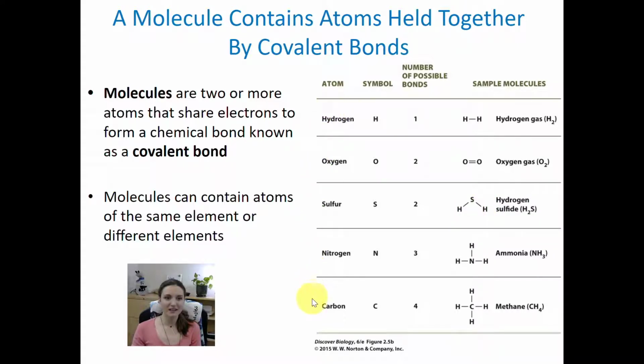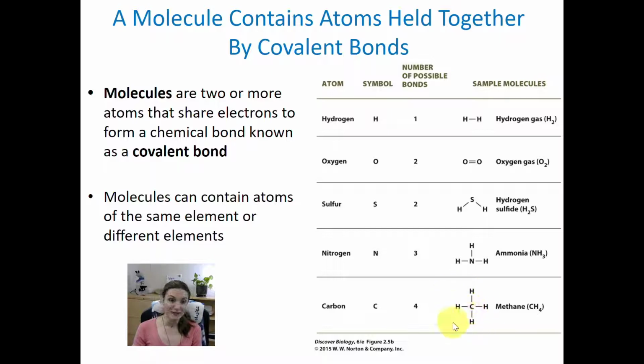Most of the atoms or elements that are important to life, hydrogen, oxygen, sulfur, nitrogen, and carbon: hydrogen can make 1 bond, oxygen can make up to 2 bonds, sulfur also 2, nitrogen 3, and carbon can make 4. So this is one of the reasons why carbon is the backbone of life, or the most common element in living organisms, because it can make up to 4 covalent bonds, which is huge, which means there's a lot of variety.